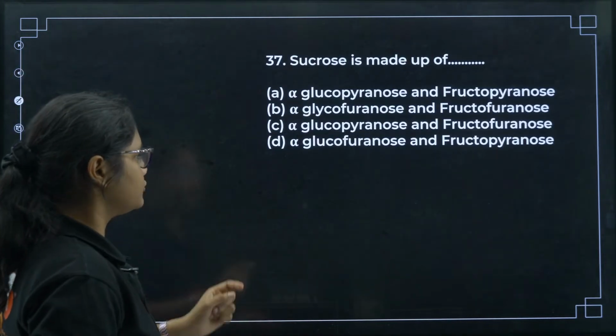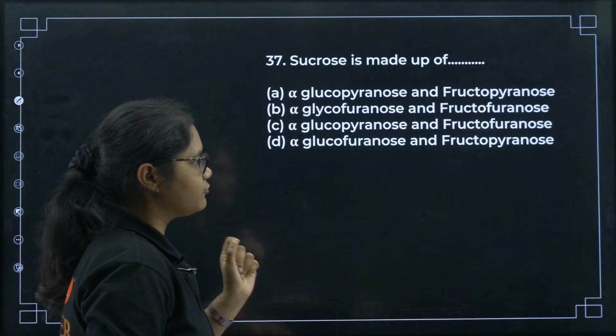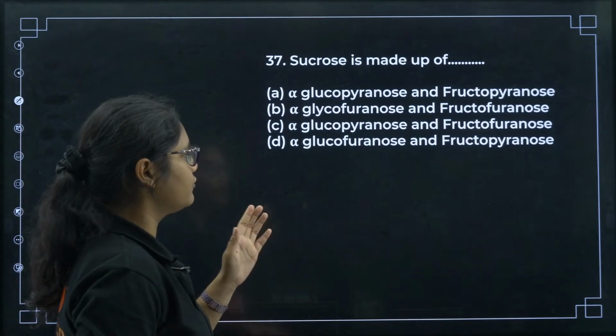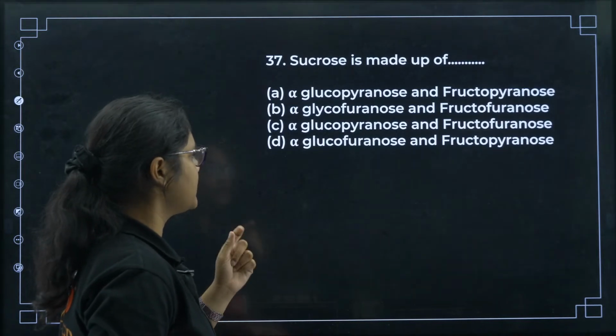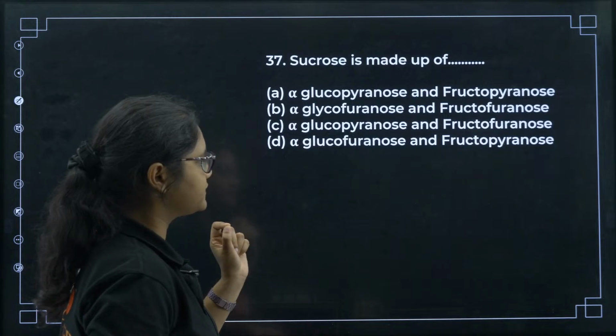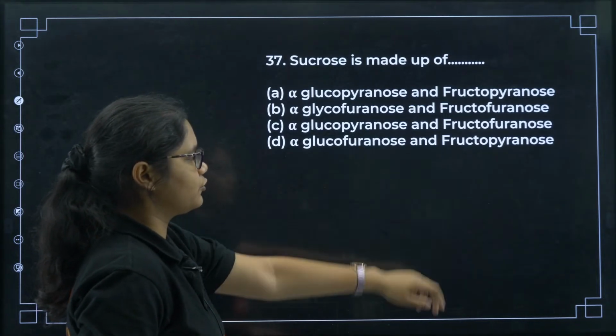Next, coming to sucrose. Sucrose is made up of what? Alpha glucopyranose and fructopyranose, alpha glucofuranose and fructofuranose, alpha glucopyranose and fructofuranose, or alpha glucofuranose and fructopyranose.